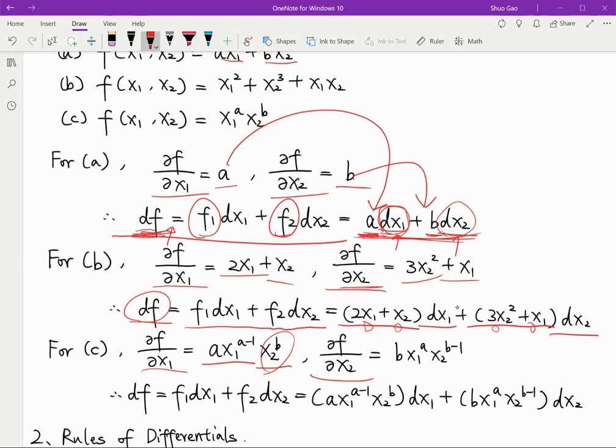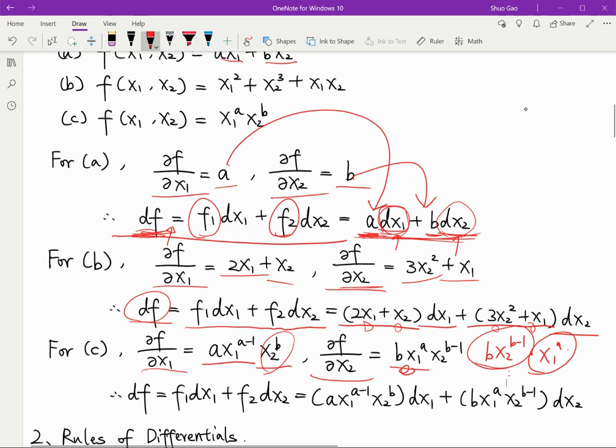For the second one, it should be b times x2 to the b minus 1, and then times x1 to the a, right? Because x1 to the a is considered a constant in this example. So we just take the derivative of x2 to the b.